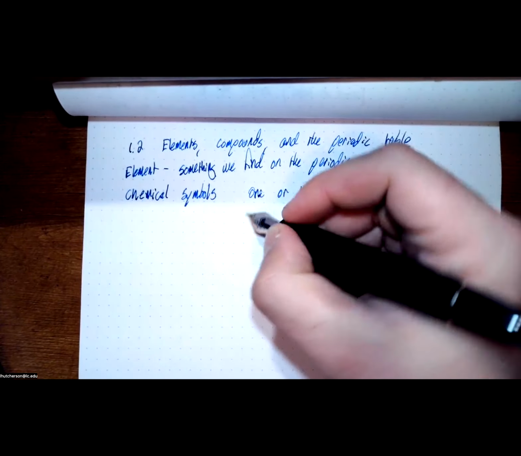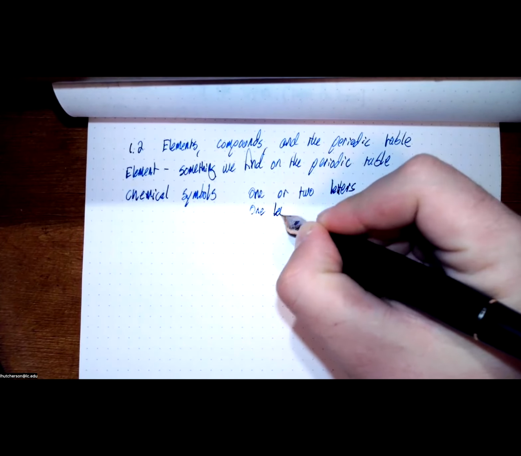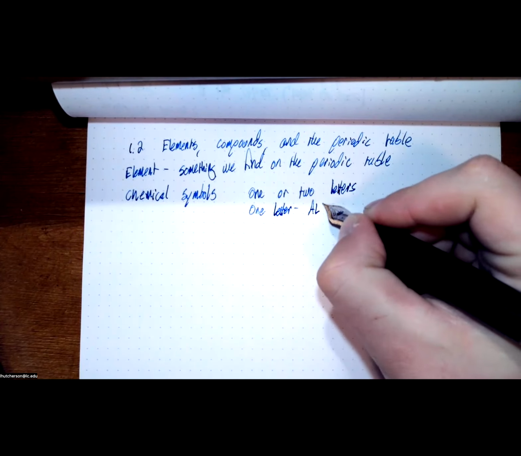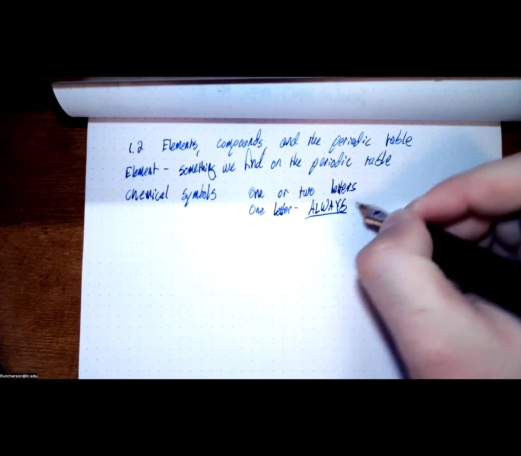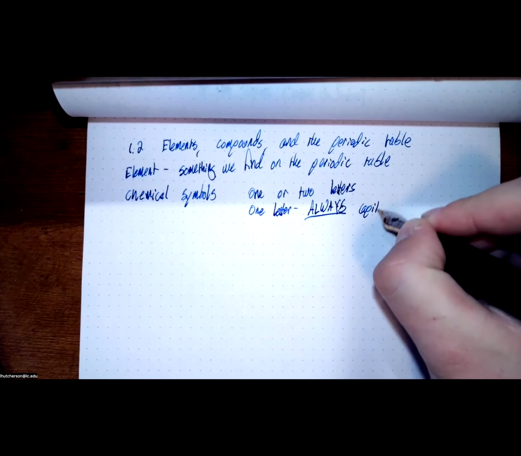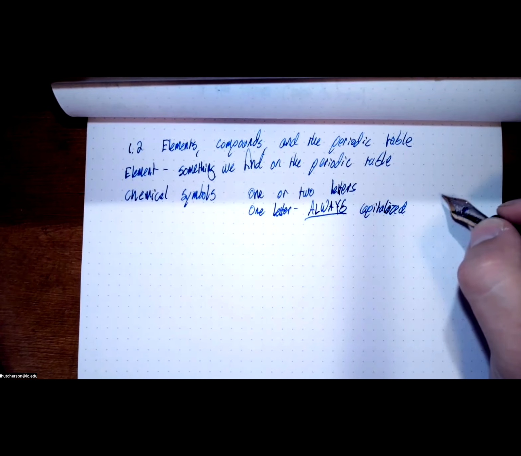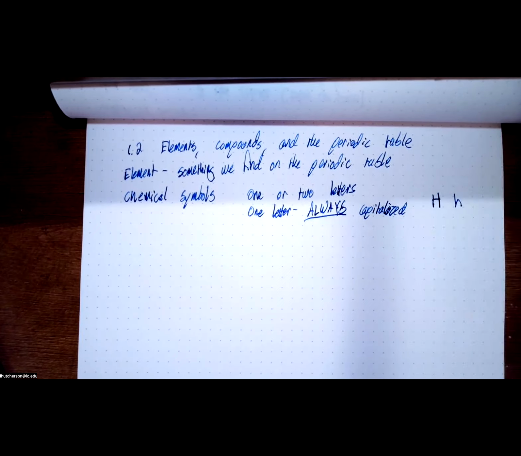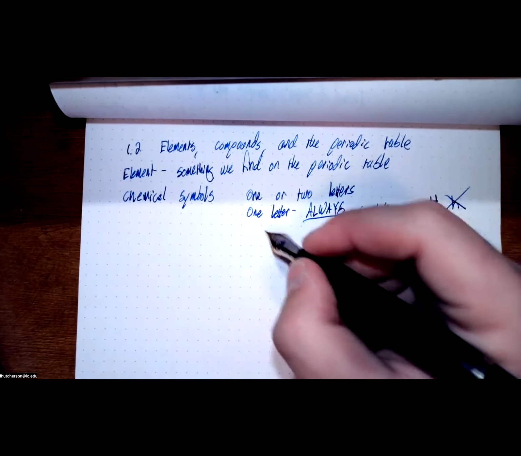Now, something important with this: when they are 1 letter, that letter is always capitalized. So when we write hydrogen, we always write it as a capital H, not a lowercase h. No, we don't do that.